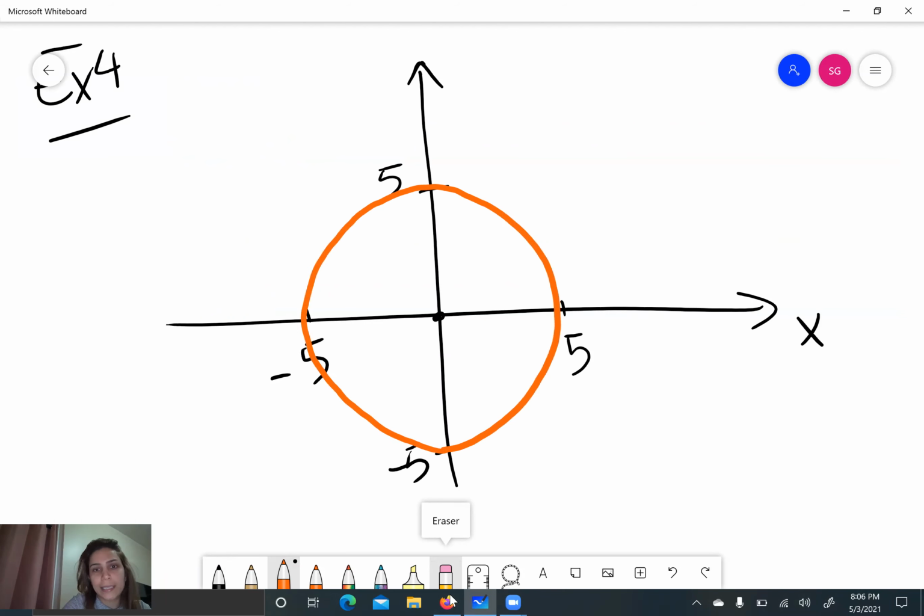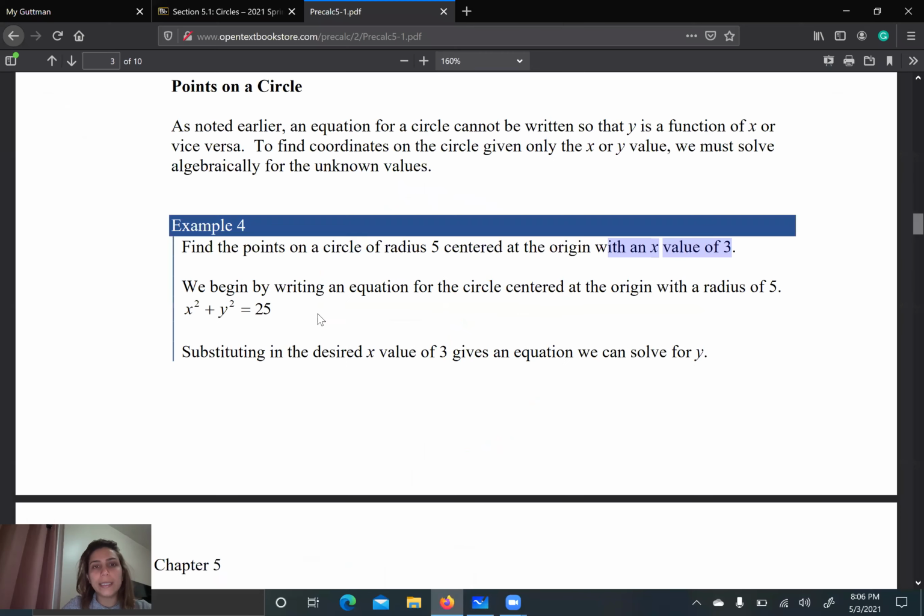Center is the origin, and the radius is 5.